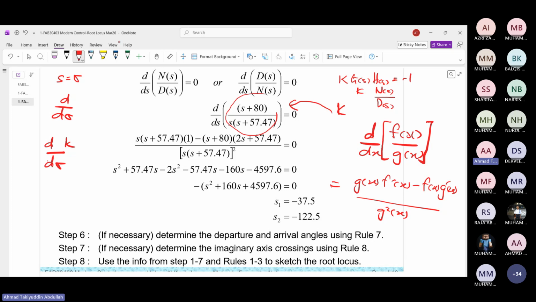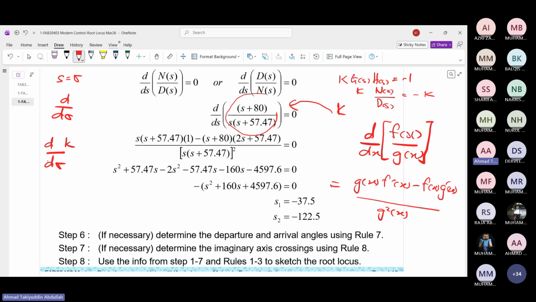How do I get this numerator over denominator from the equation when I consider G(s) times H(s)? That's why I put it as K times N(s) over D(s) is equal to -1.